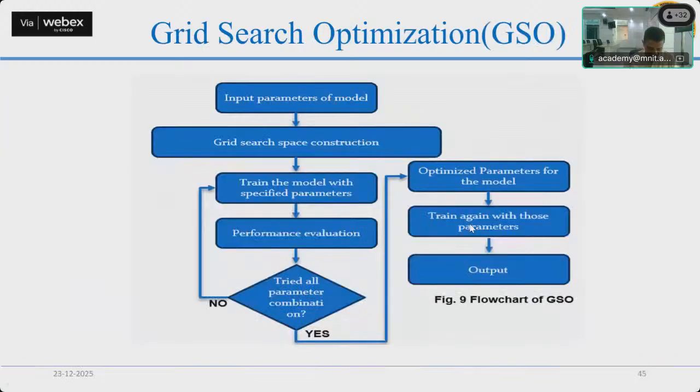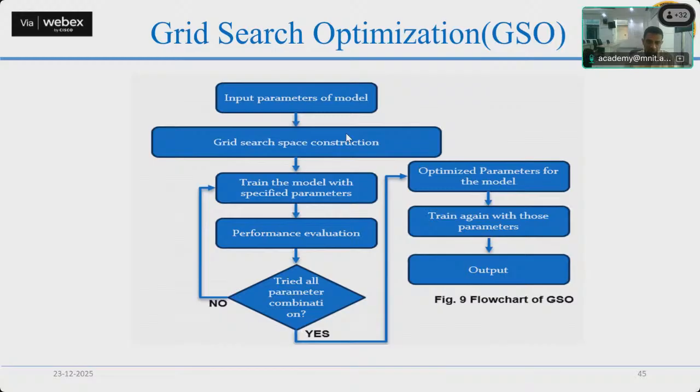So what is basically this grid search optimization? How does it look? Here we see the input parameters of the model. Whatever your model, there is the grid search space construction, you train the model with the specified parameters, and then performance evaluation. After that, you try all parameter combinations.